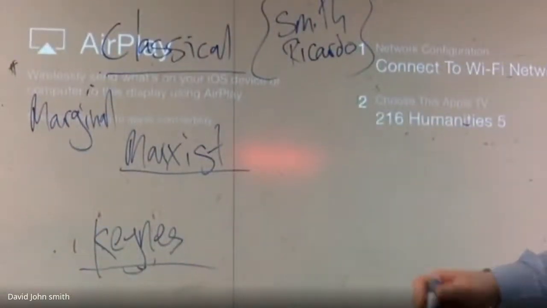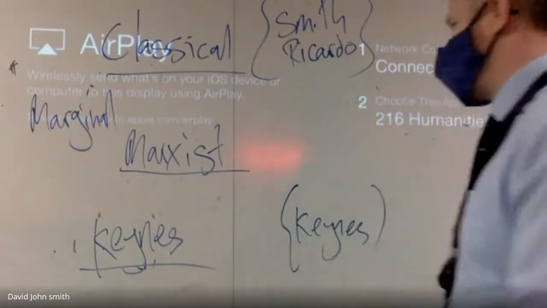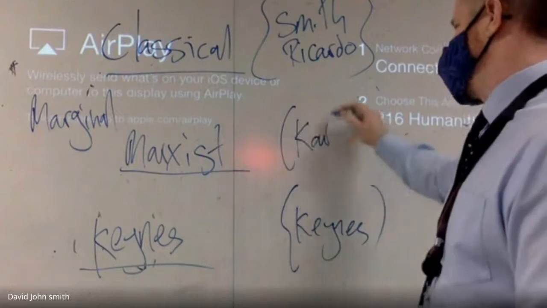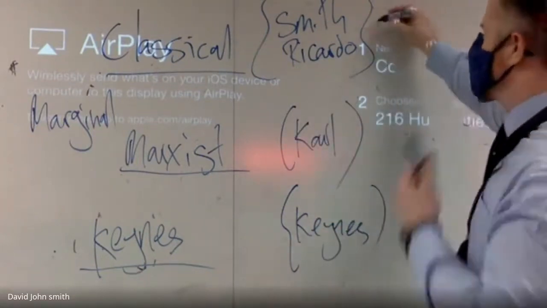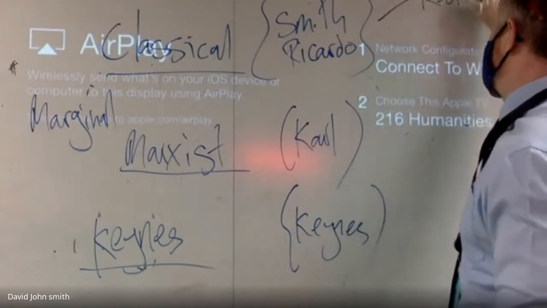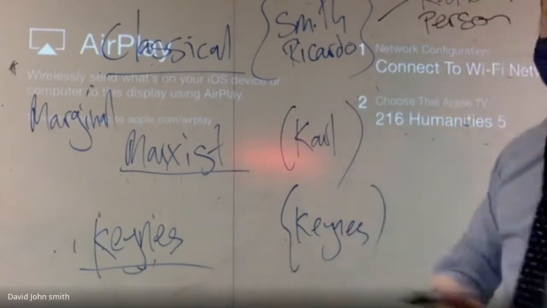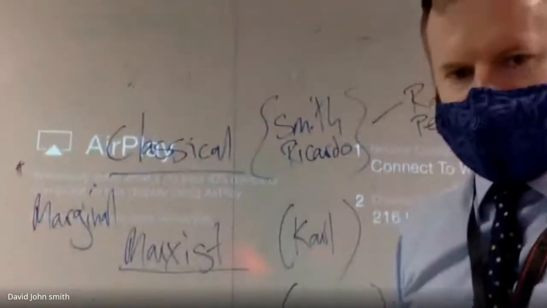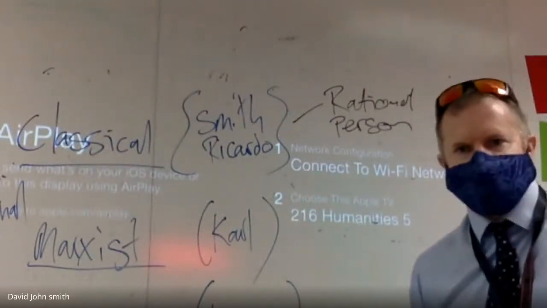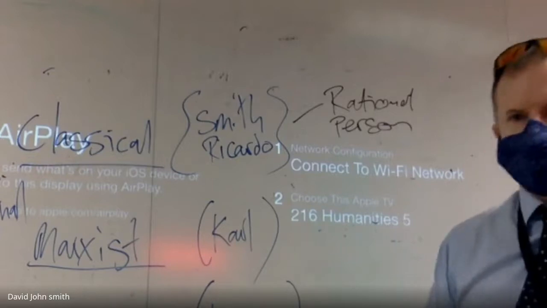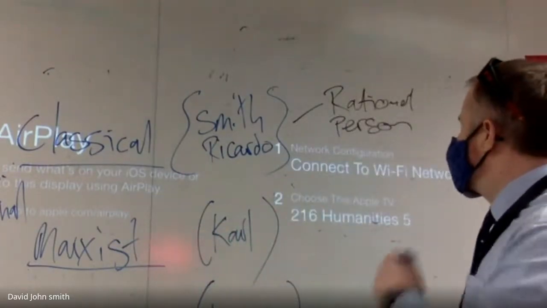So as we saw, that's Keynes. This is the rational man, the rational person, the economic actor that is rational. They are the calculators, the maximizers, the optimizers, okay?